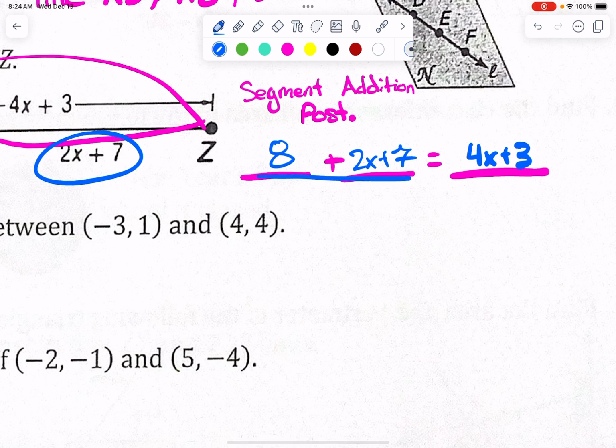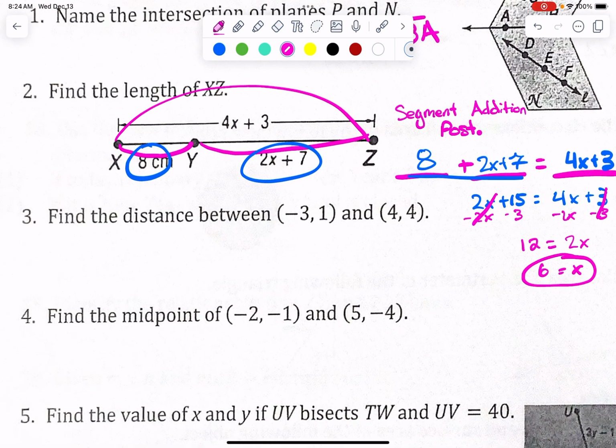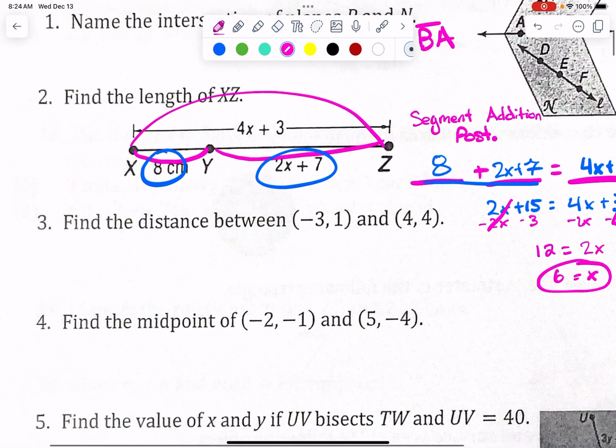So if I combine these two, I have 2x plus 15 equals 4x plus 3. And then I'm just going to put stuff together. So I'm going to subtract the 2x, and I'm going to subtract the 3 at the same time. So I have 12 equals 2x, and x would be 6. Now, always, always, always check to make sure that is what you are trying to find, because it's not.